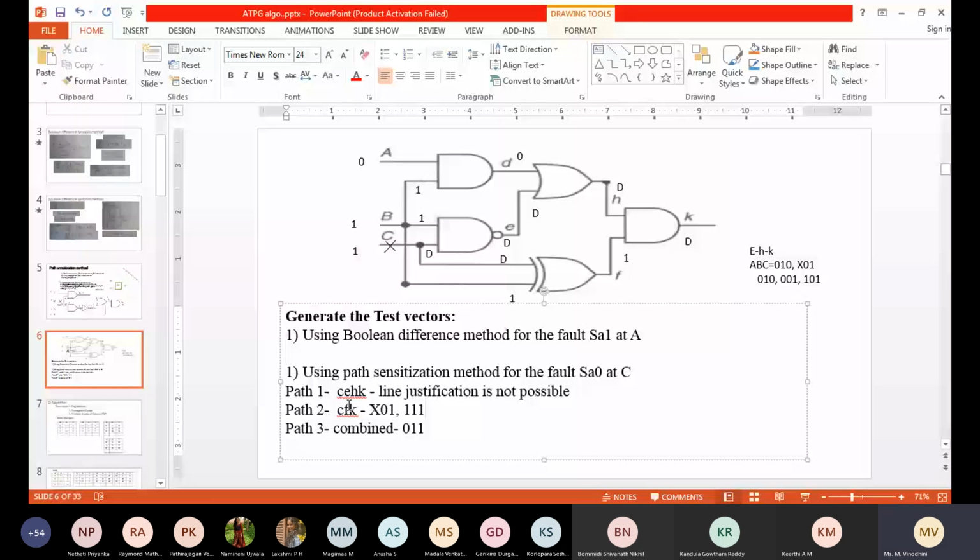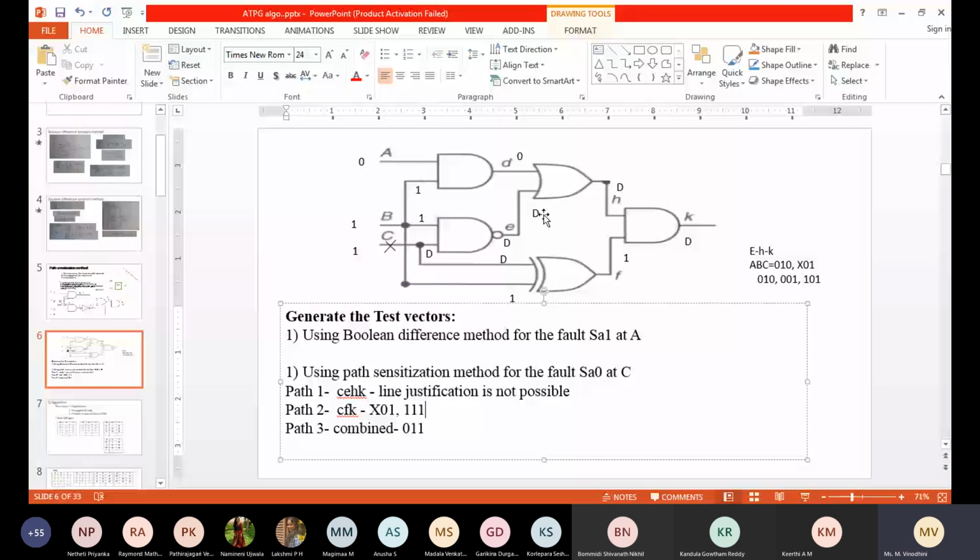Now, hope you guys have understood how to solve this using the path sensitization method. If not, please solve this. Maybe you can take the same circuit, the example we solved yesterday for E stuck at 0. Try the same example for D stuck at 1.